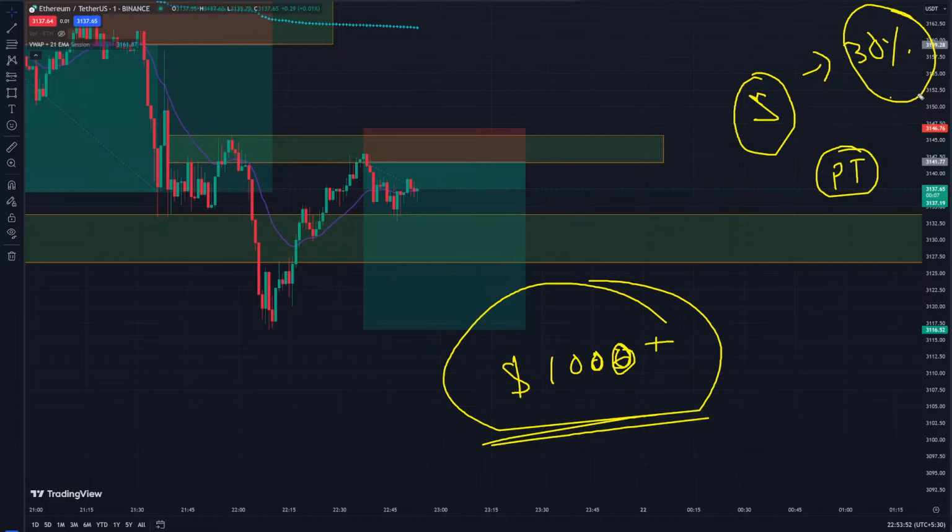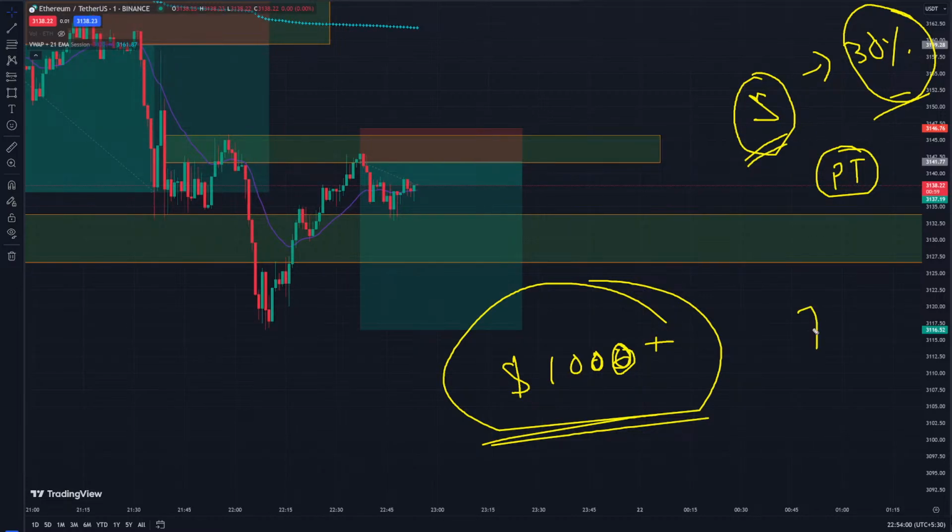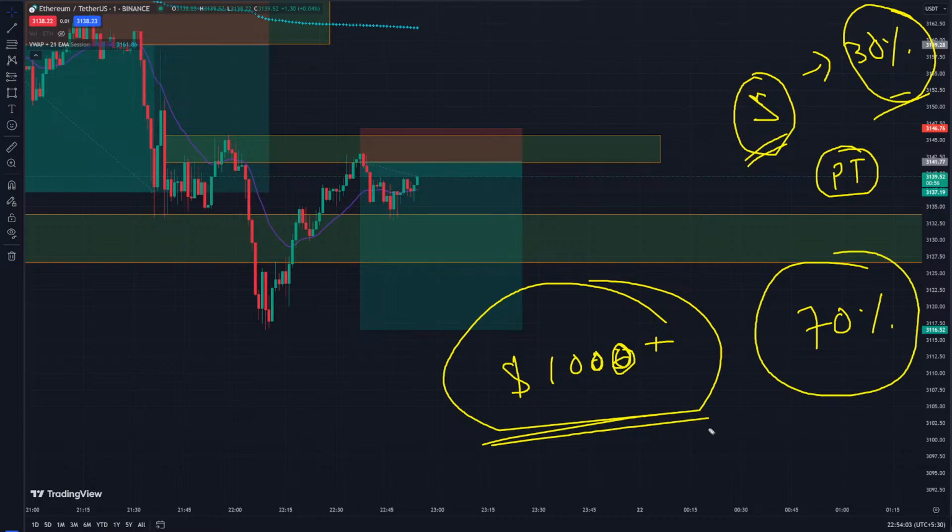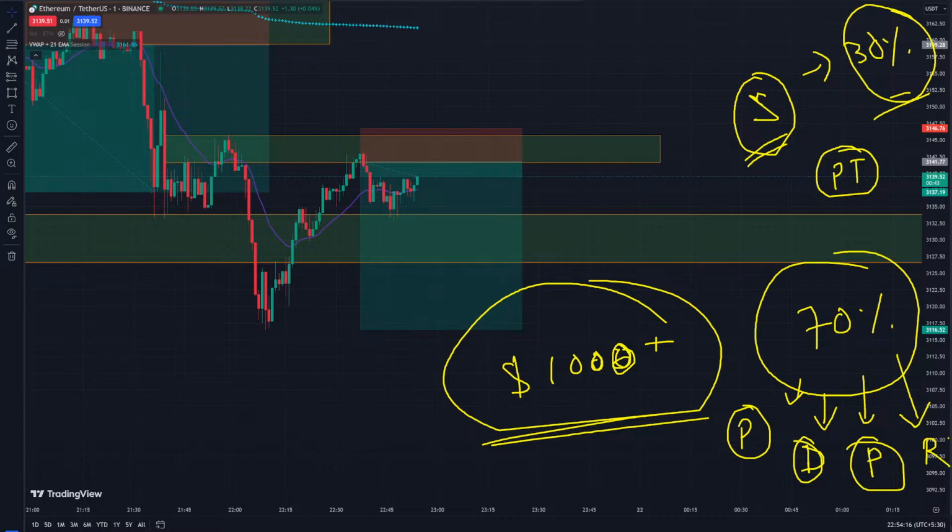So if you know a strategy, you still can't be profitable because the 70% comes from practice, discipline, your psychology, your risk management. So these are a few factors which make up your 70%.